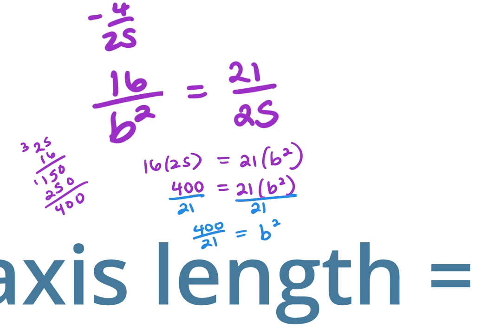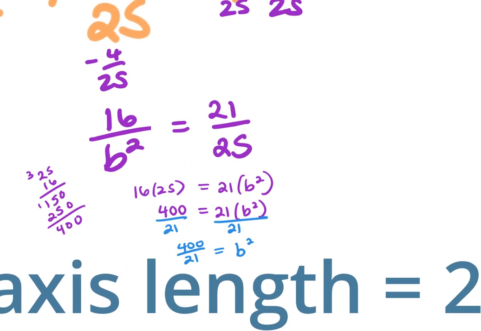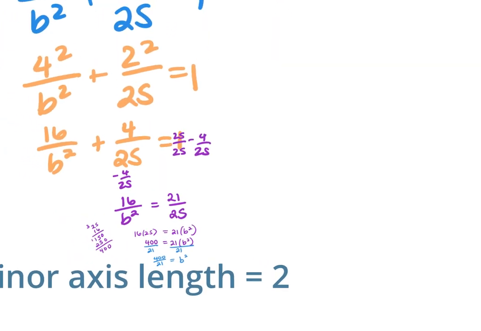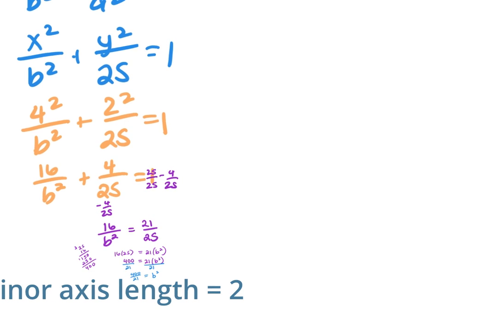And that cannot be reduced. 2 doesn't go into both of them. 3 doesn't go into both of them. So that b squared, and I wouldn't square root it because I want it as b squared in my equation. That ugly thing is going into my equation. So even though it looks horrible, it's fine. It's kind of how it's supposed to be. X squared would go over 400 over 21 plus y squared over 25 equals 1.